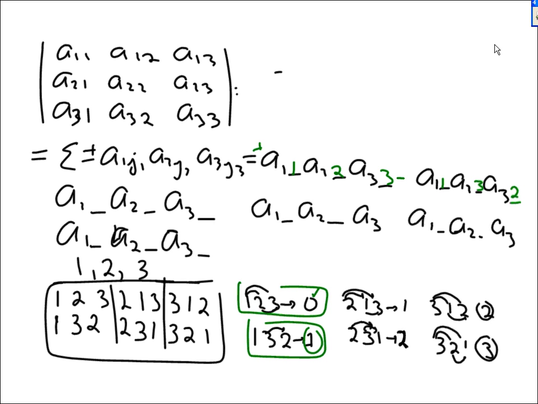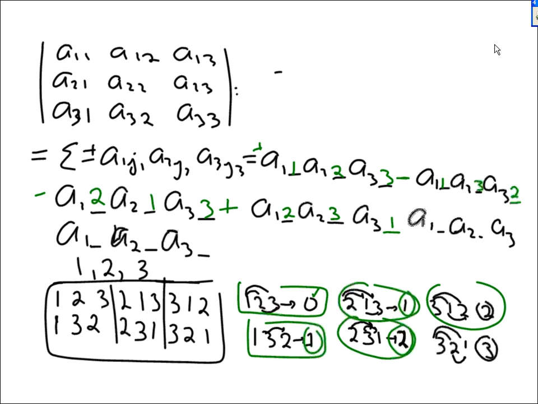That's an odd number, so put a minus there. And then we have 2, 1, 3. It has 1 inversion, odd, so a minus goes in front. Then we have 2, 3, 1. It's 2 inversions, even, so a plus goes in front.